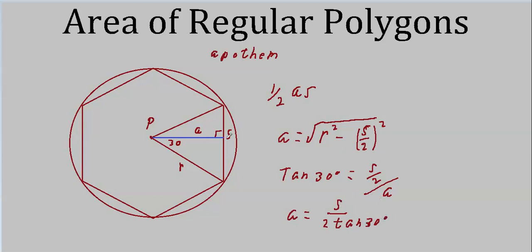That's because s is the entire base here. If we actually use some other number for the half distance, instead of s over 2, we just use something like x, then it would just be x over a tangent of 30 degrees. The 1/2 is in there because we've cut this in half.